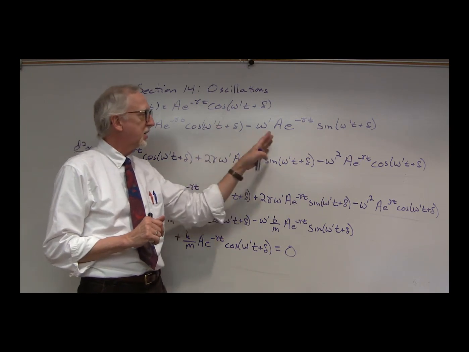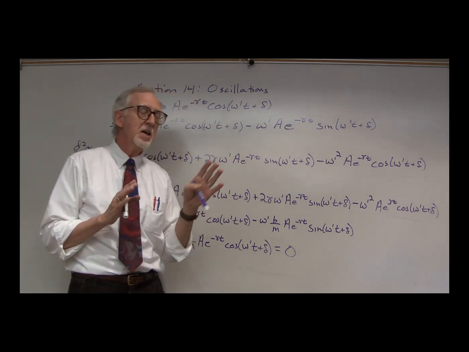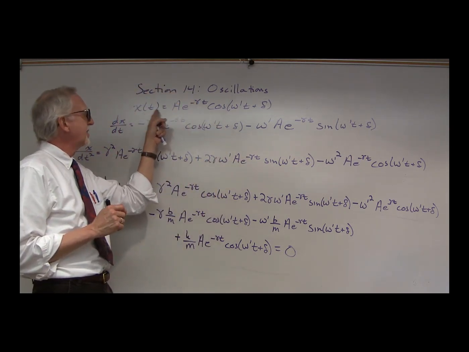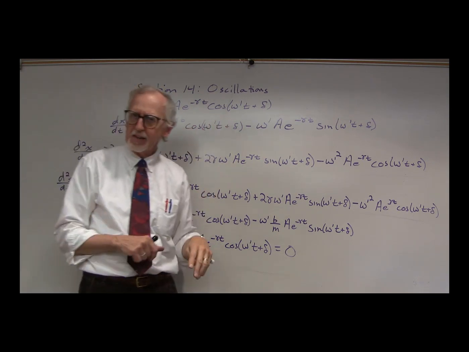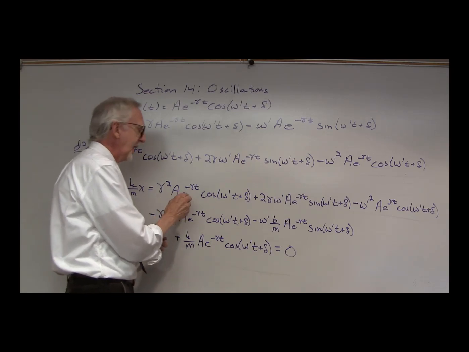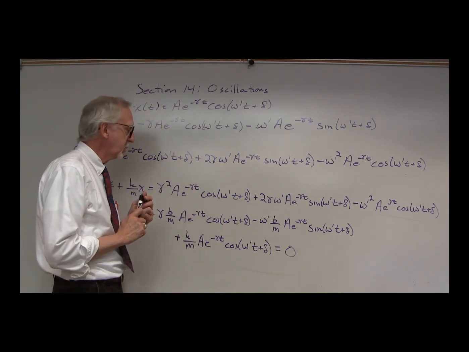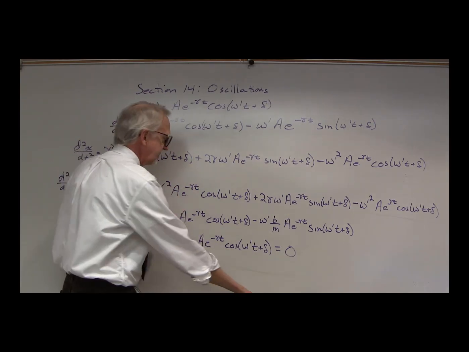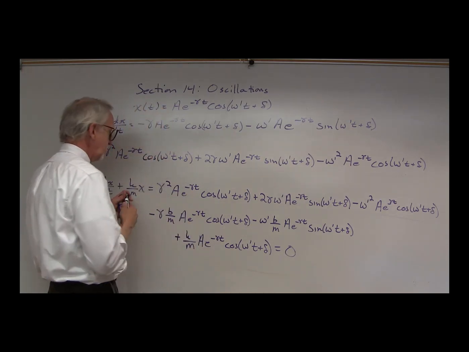So we're not going to look at some constant solution where x equals 0. That's not a particularly interesting solution, so we're not going to consider that. We're going to assume A e to the minus gamma t is never equal to 0. So I won't cross it out, I'll just erase it, so as not to confuse us here.